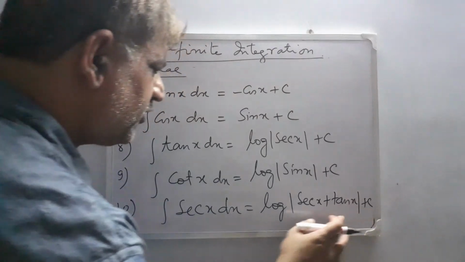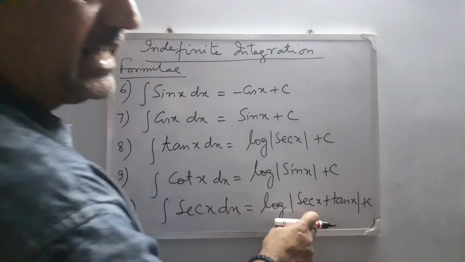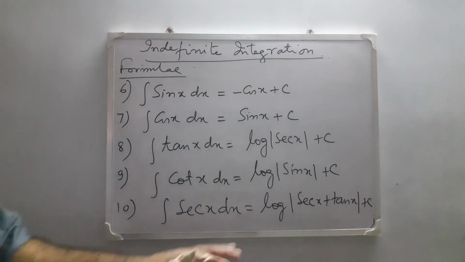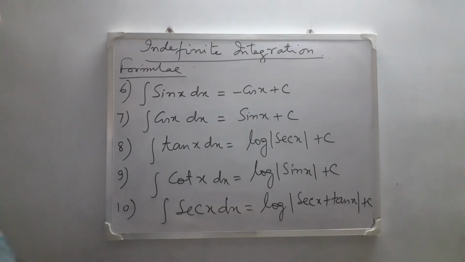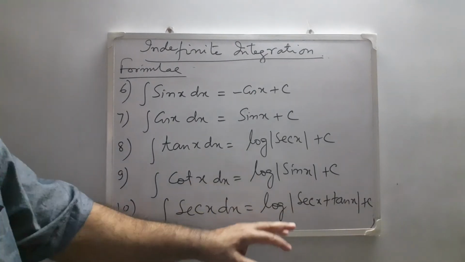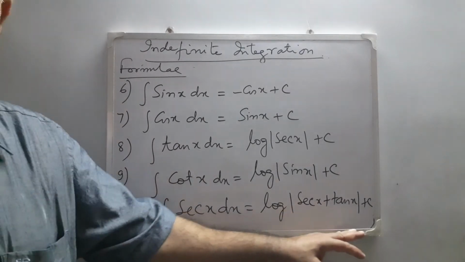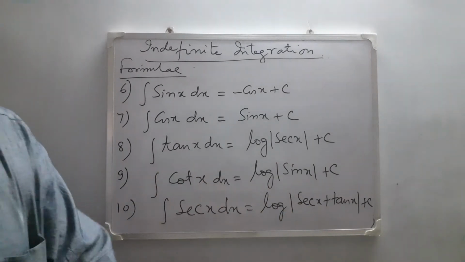If you differentiate this result, you will get this result. And one more formula we will discuss here for this one, but in the next class, because we have to solve problems based on this formula using this result. That's why we are writing only one result here, and we will discuss it separately.